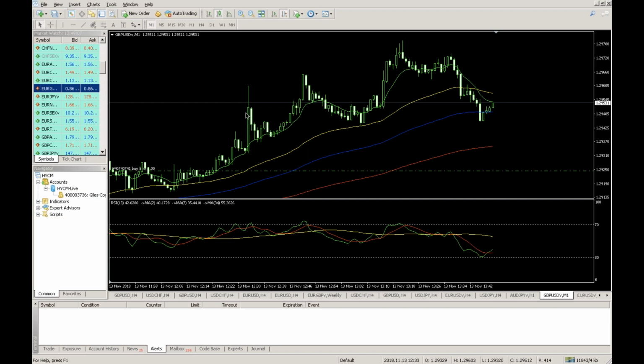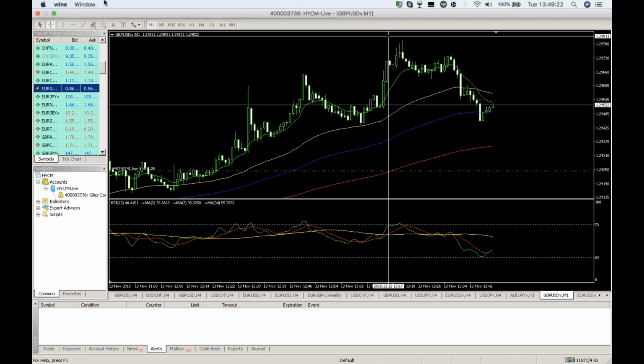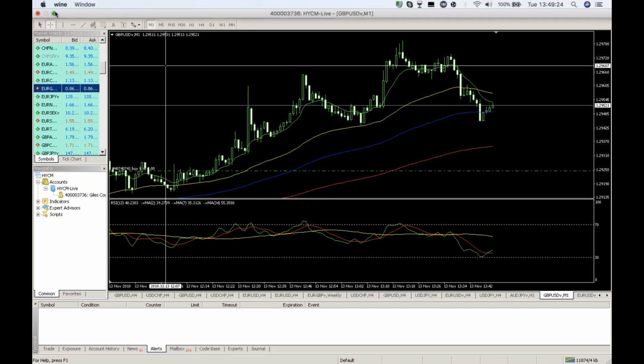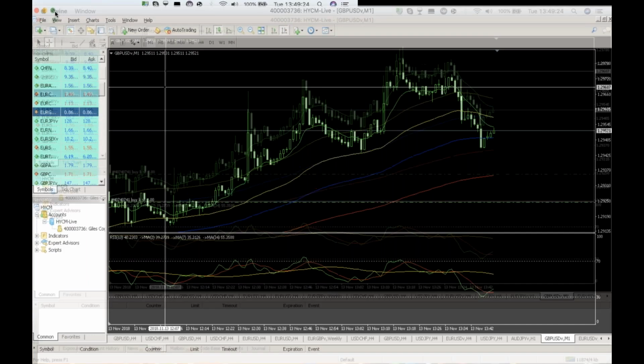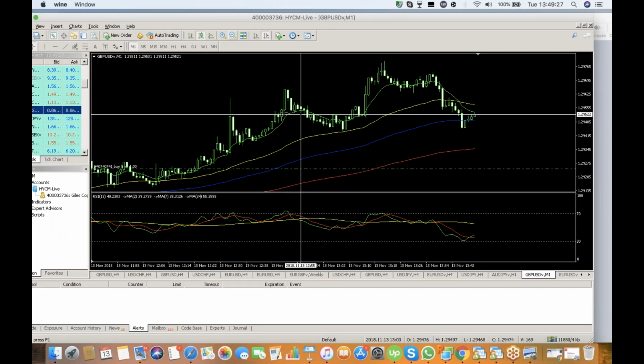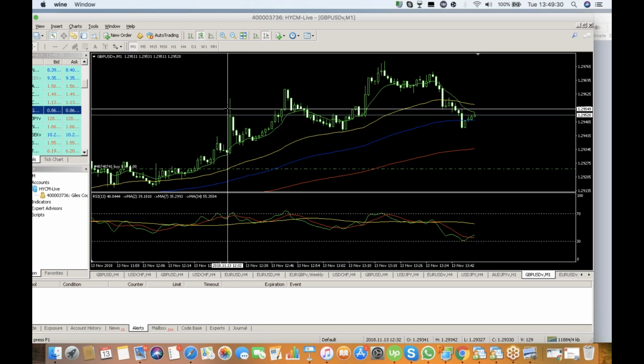Now, the first way is you just enter at market, as soon as that information was released. Say you got in at the top, say you got the worst fill, at 1.2955.